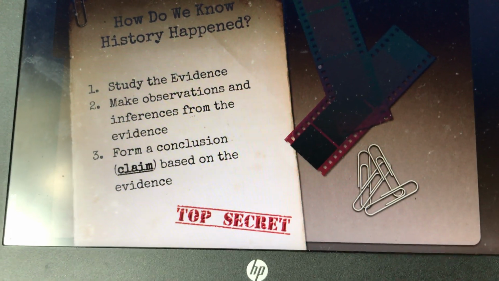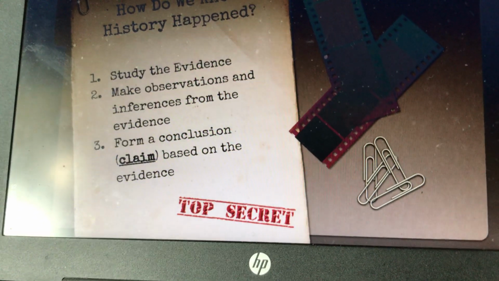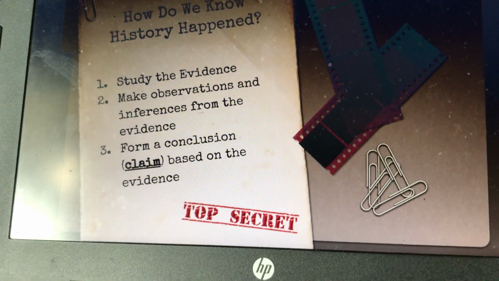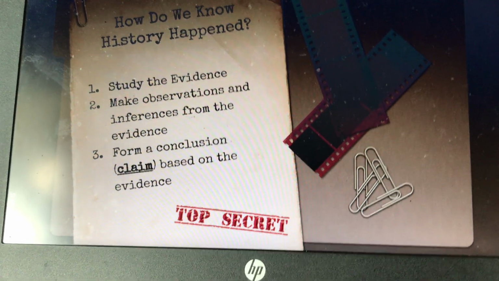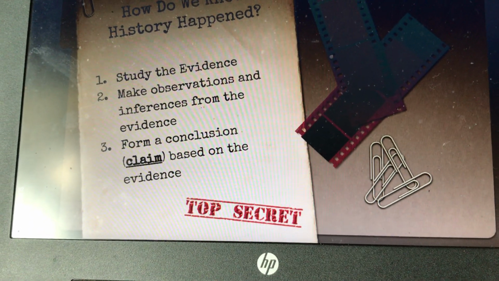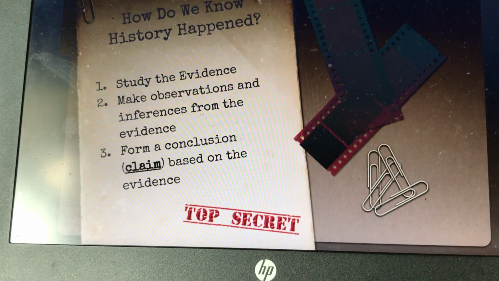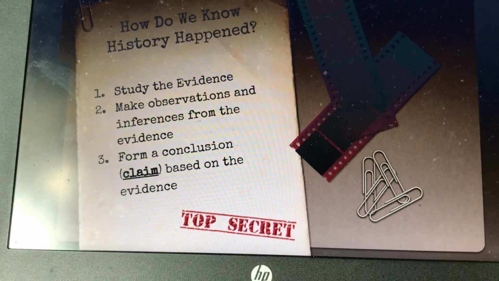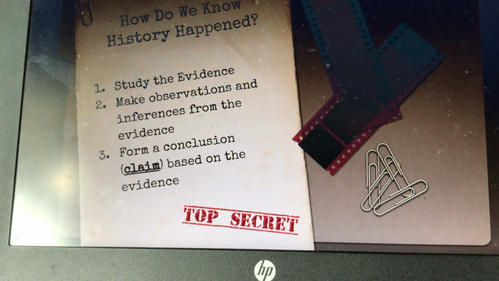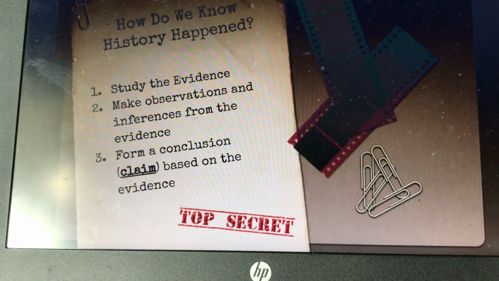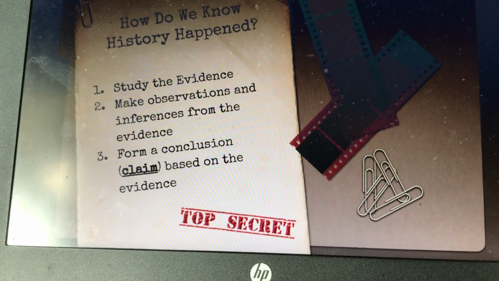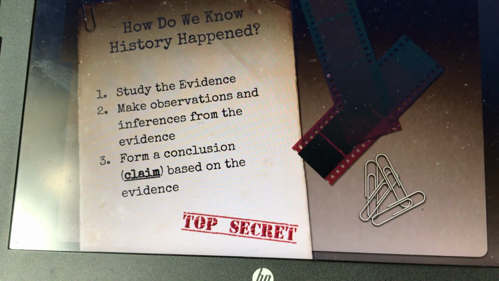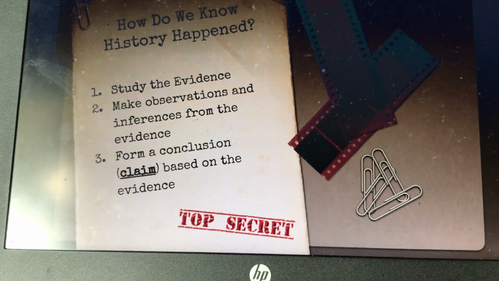We're going to make an informed guess, or an educated guess, about what those observations mean. You may be 100% correct. You may be 100% wrong. But that's what makes prehistory difficult. You're really just looking for patterns and trends. And then we're going to form a conclusion.